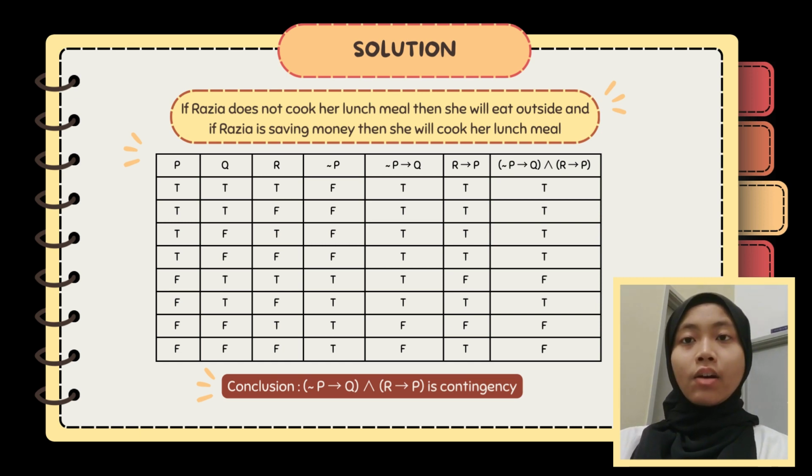Other than that, all the conditions in this column will be false. And in conclusion, we can see from this table, not P then Q and R then P is a contingency.